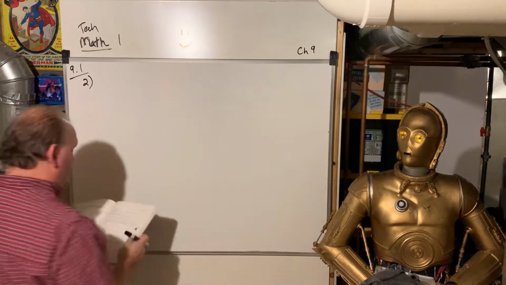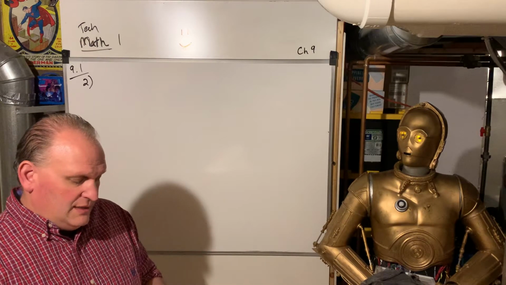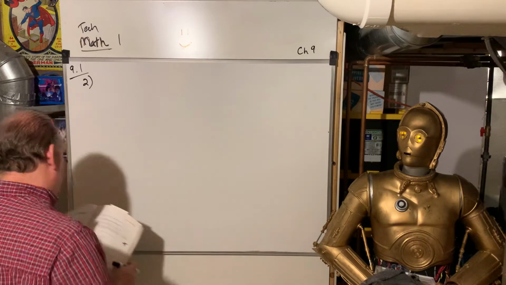is they have V equals I times R, and I equals V divided by R. It says I varies directly as what?